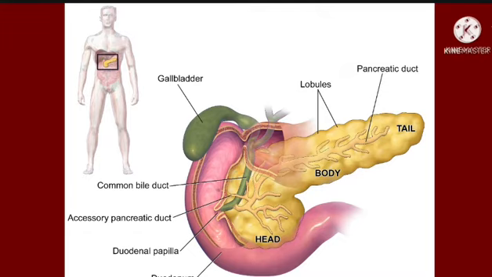The pancreatic juice contains enzymes such as trypsinogen, chymotrypsinogen, carboxypeptidase, pancreatic amylase, pancreatic lipase and nucleases. Trypsinogen is activated by an enzyme, enterokinase, secreted by the intestinal mucosa, into active trypsin, which in turn activates the enzyme chymotrypsinogen in the pancreatic juice.